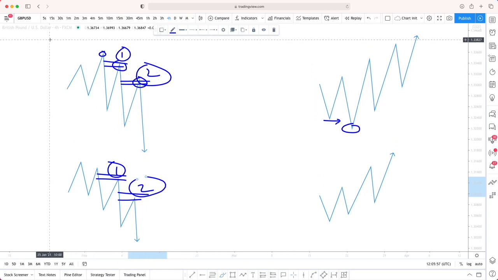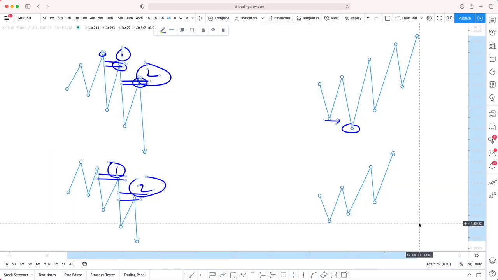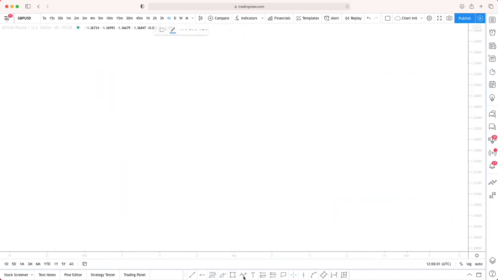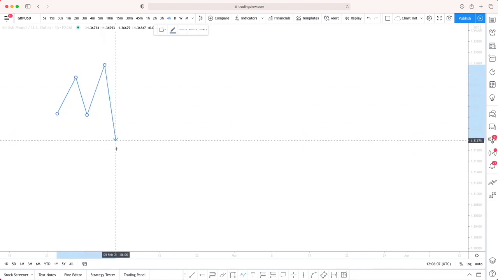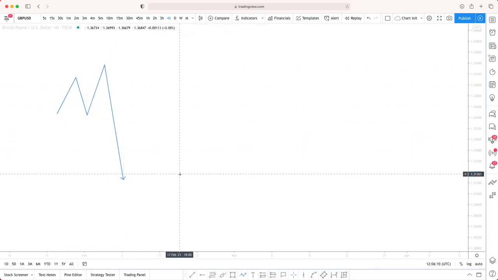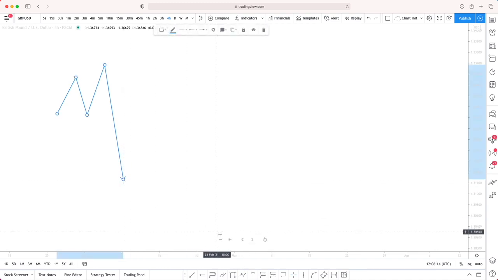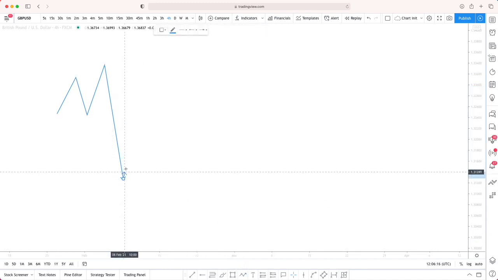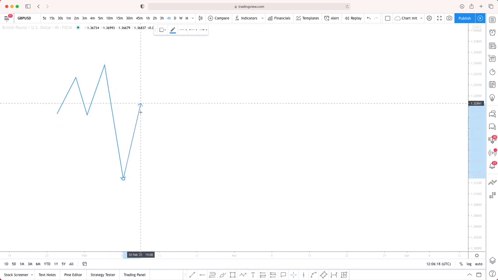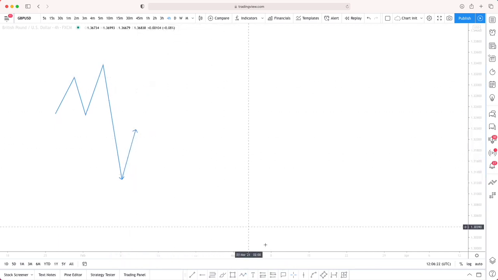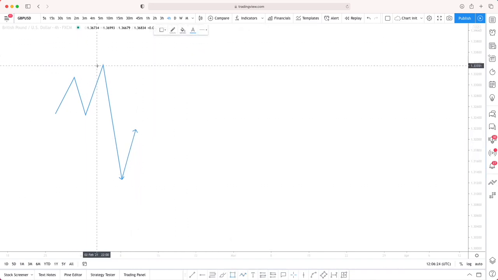So how does a confirmation entry actually work? Say for example we are on the 4-hour time frame, and we get a break of structure. Price is now making its way back, and as it slowly does, we know that there's an order block sitting here.